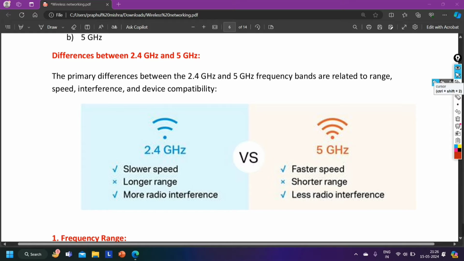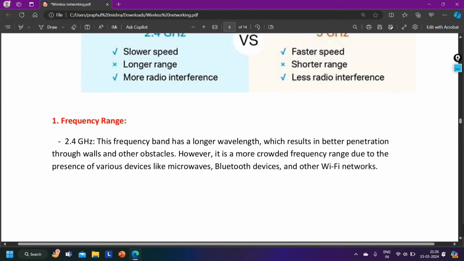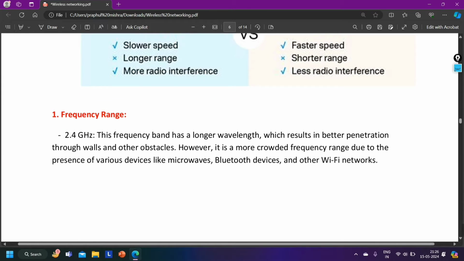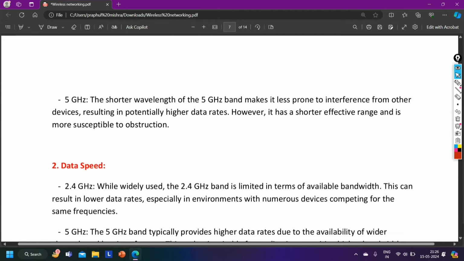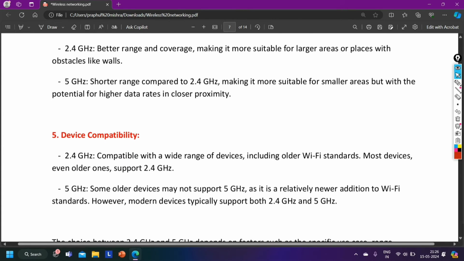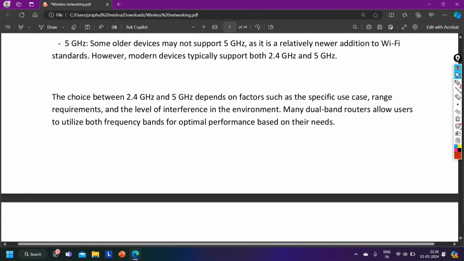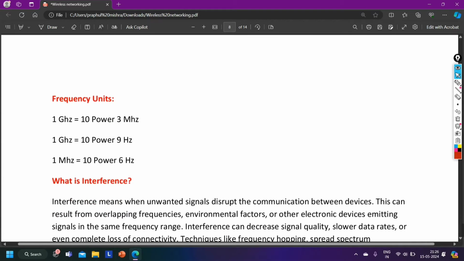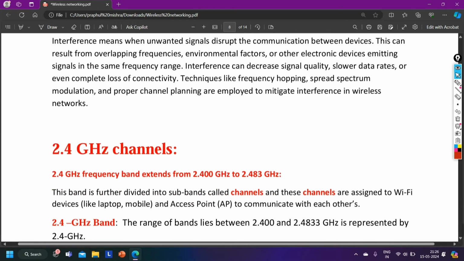In the same way, a group of frequencies is represented as a band. In the last video we also discussed some more differences between 2.4 and 5 gigahertz frequency, in terms of frequency range, data speed, interference, range and device compatibility. So these are the topics of the previous class, and this is the topic for the day: channels.